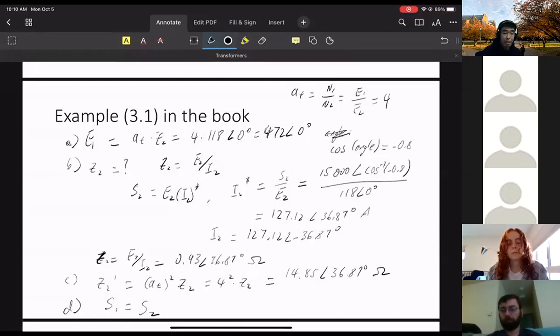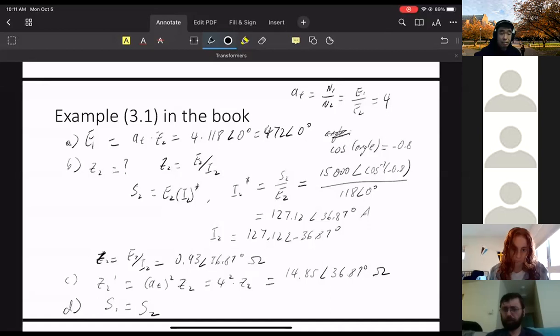Any questions about this homework, about this example? Yeah, go ahead. Is 0.8 the leading factor instead of the lagging? So lagging should be minus 0.8.